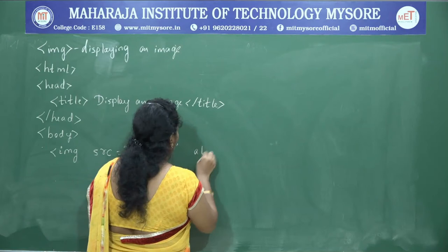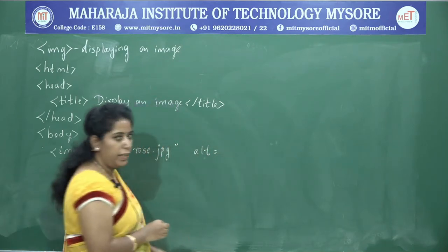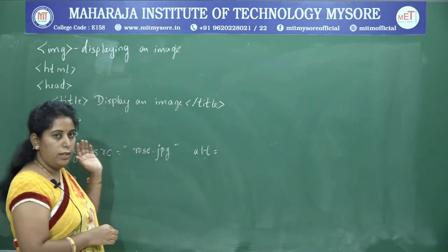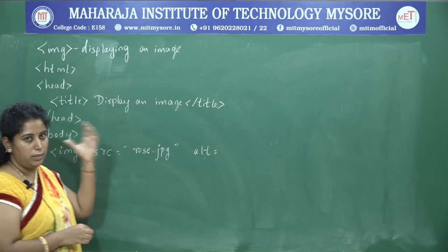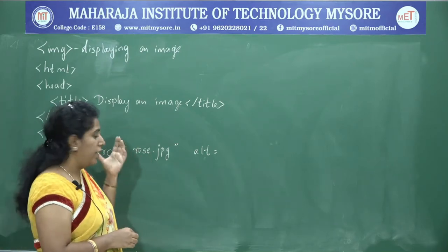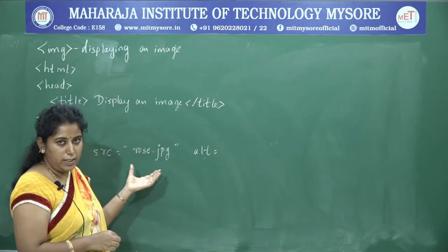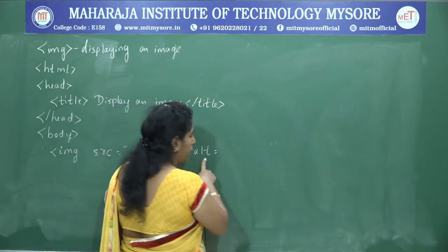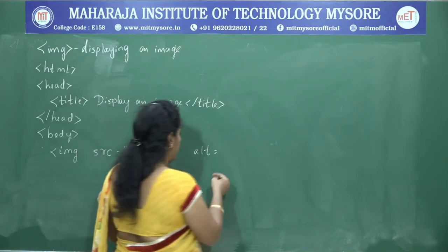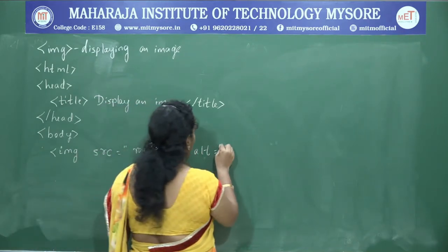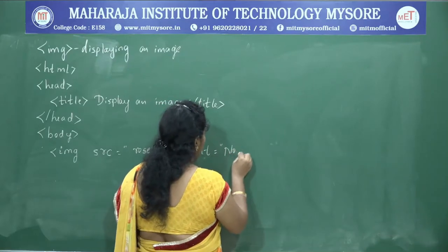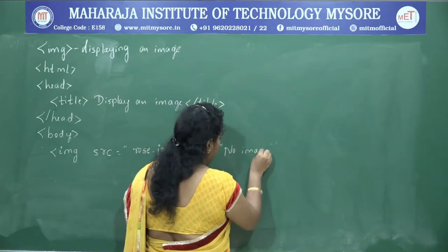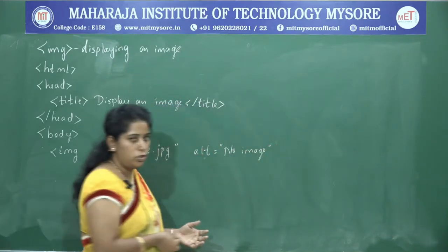And alt, alternate. In case I am using this tag to print some image, and that image does not exist, an alternate message has to be displayed. For that purpose, this attribute is used. You can give some message, like no image, or image not found.